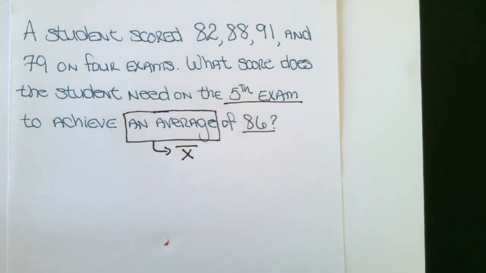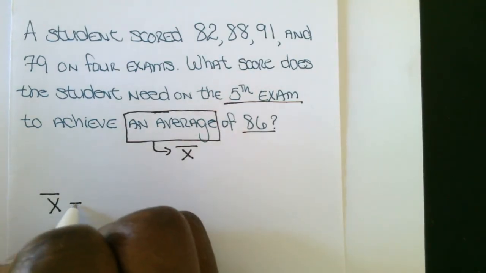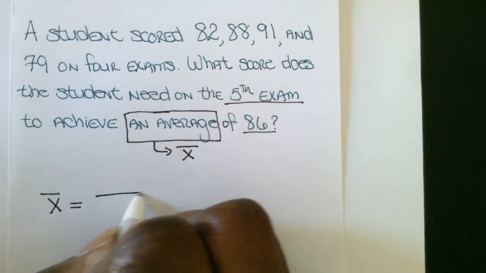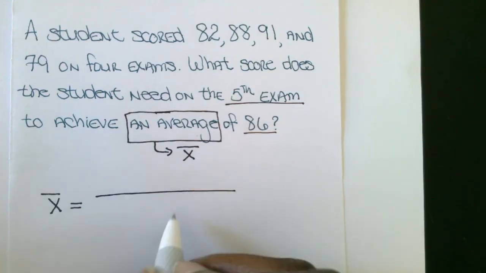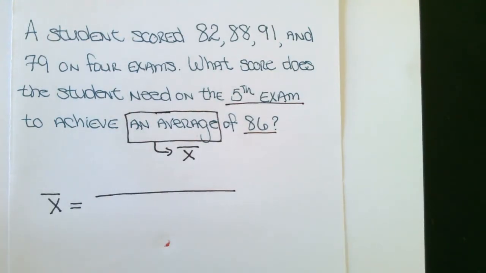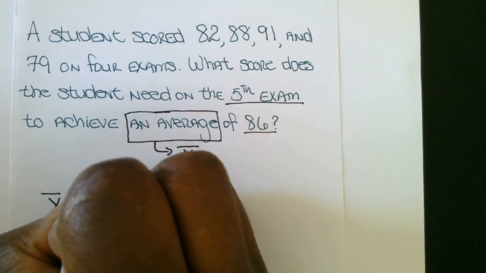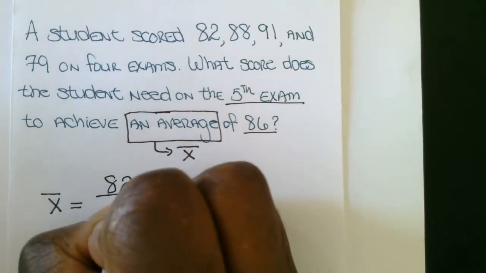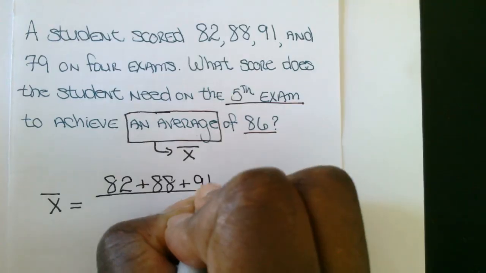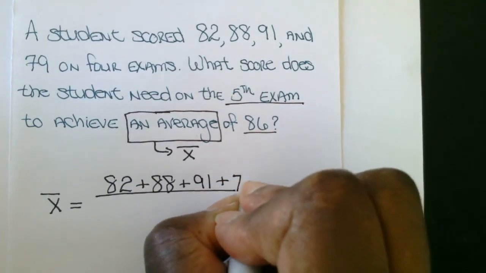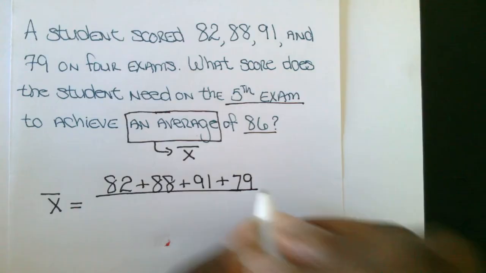When I'm finding my mean, and this is what a lot of people get mixed up, mean is basically adding your numbers and dividing by how many numbers are in that data set. So they're saying the student scored an 82, an 88, 91, and 79. So that's for 4 exams.